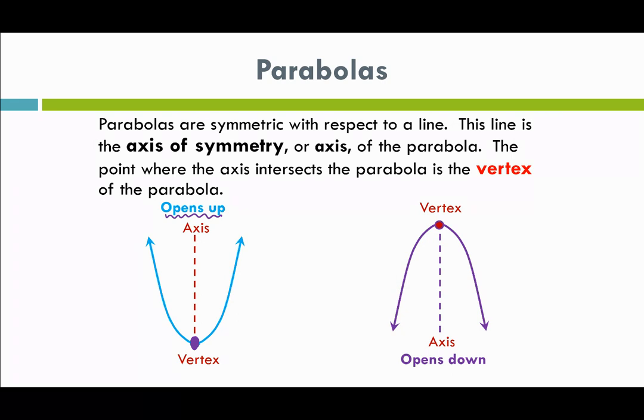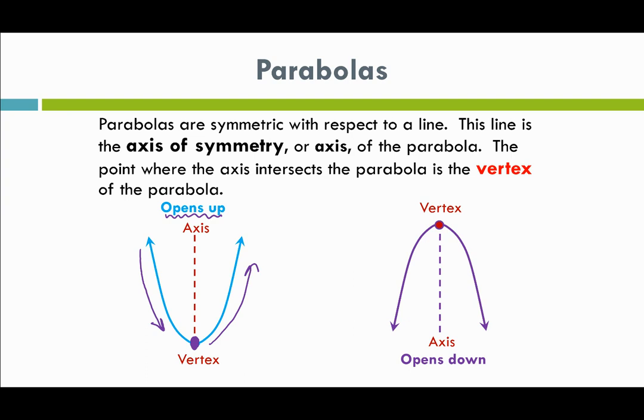So if we're looking at our parabola that faces up, on the left side of the vertex, the function is decreasing. We know it's decreasing because if you think about your graph like a roller coaster, as you're moving from left to right, the graph is going down. So your graph is decreasing on the left side of the vertex. It changes directions at the vertex and then it increases. So you can see at the vertex, the graph changed directions.